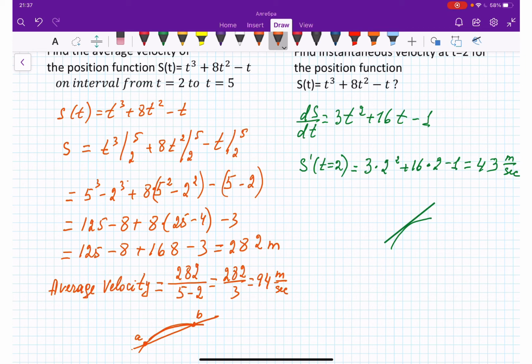If you decelerate, then the average velocity, or average rate of change, is going to be negative.